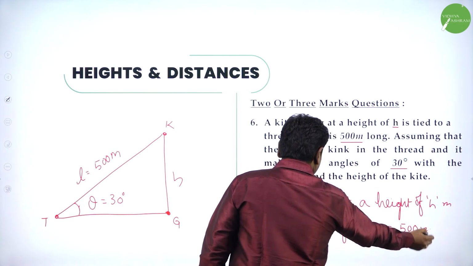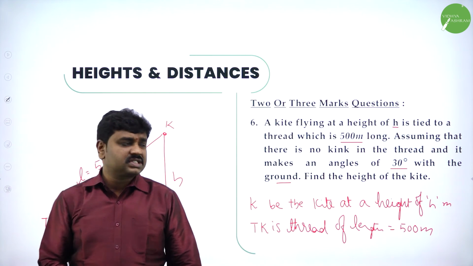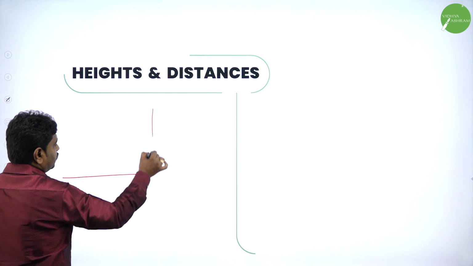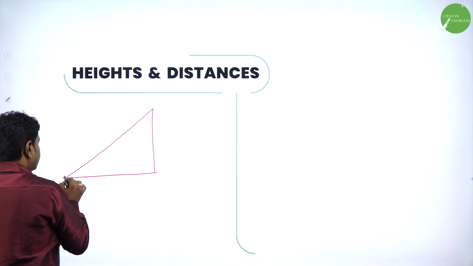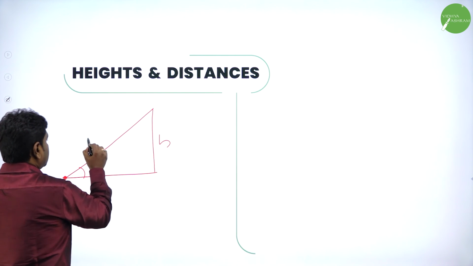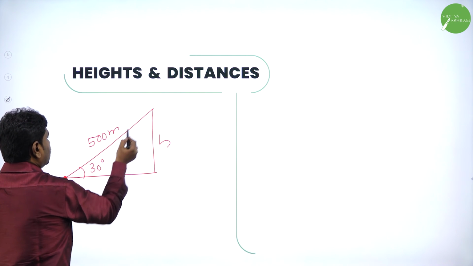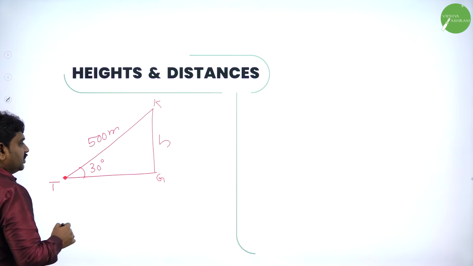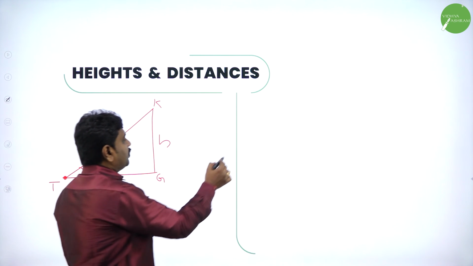Till now we used tan, but depending on the diagram, you can convert. When you see the diagram, we have drawn a kite like this, and this is the ground level, and this is 30 degrees, and this is h, and this is 500 meters. This is K, this is the ground level, and this is the point where the thread is tied.